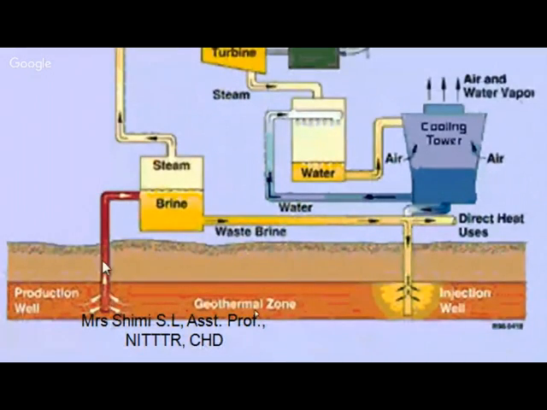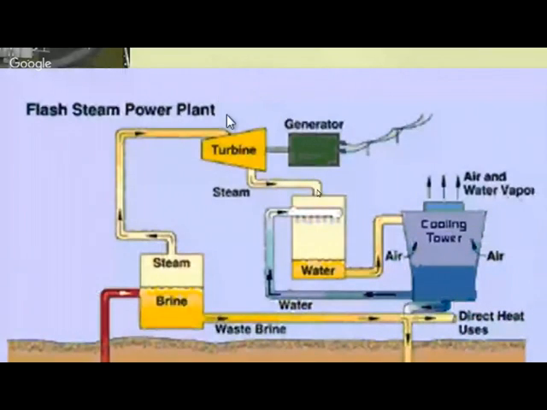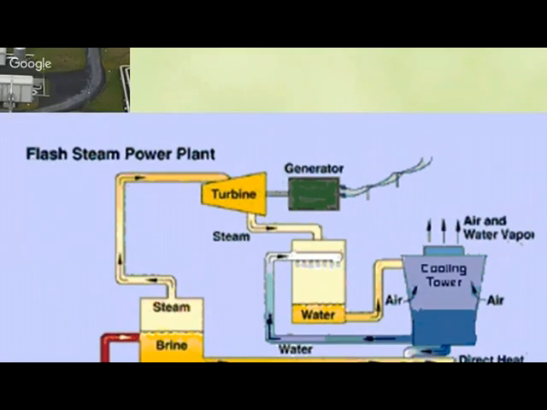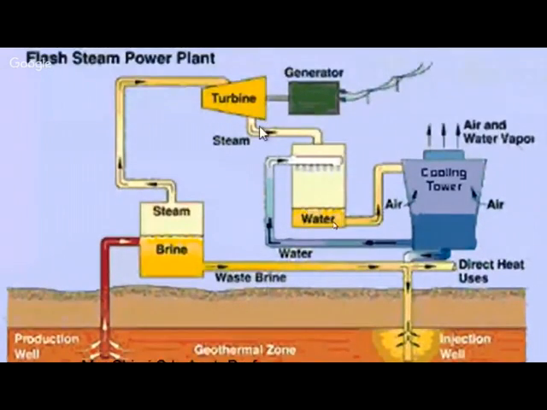This steam is taken up, it goes to a region where it is exchanged, and the waste product comes down and the steam is taken up and goes to the turbine. It does the useful work there and exits, and after that the steam is taken to the condenser and there it gets condensed and the water is again going back.